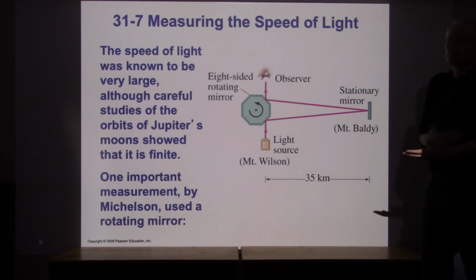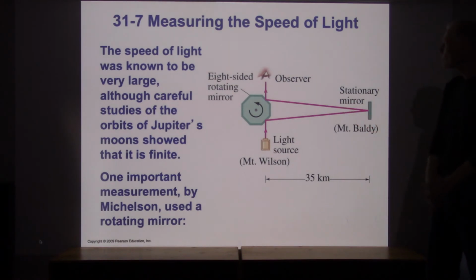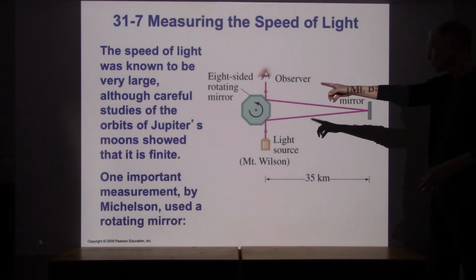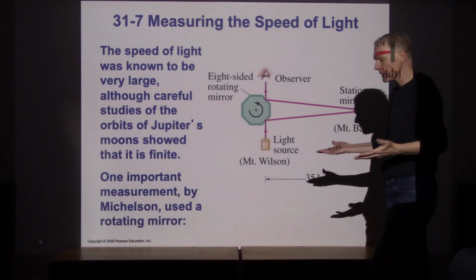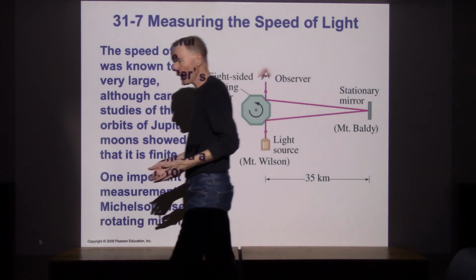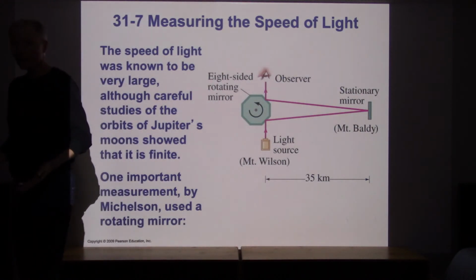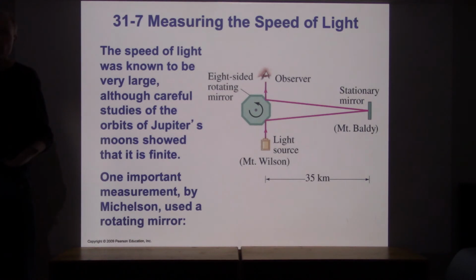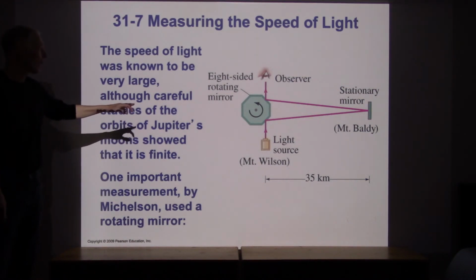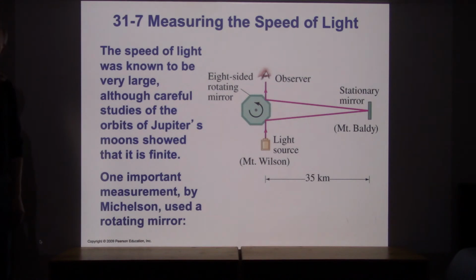It seemed like light just moved infinitely fast. Anyway, Romer sat down, did some calculations, and came up with a speed of light within about 5 or 10% of today's accepted value. So pretty remarkable that the earliest measurements of the speed of light actually came from looking at the orbital periods of Jupiter's moons. Who would have guessed?